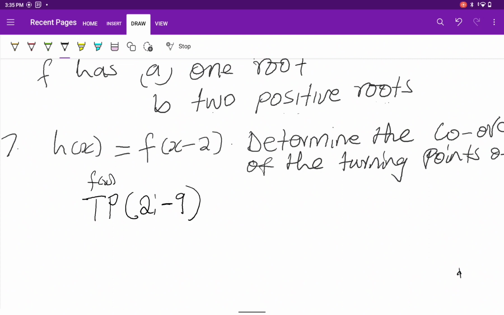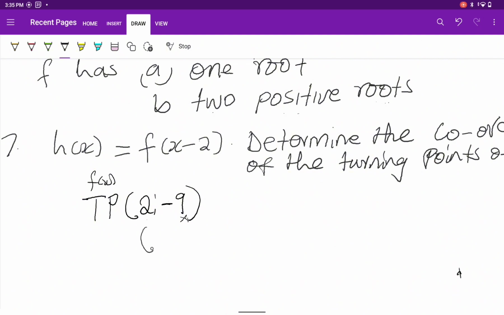Now, to get the turning point of h, we're just shifting this 2 units to the right. Remember, if we add, it goes to the left, and if we subtract, it goes to the right. Because they have subtracted, we're going to the right. So the y value will remain the same, but the x value is going to be affected.